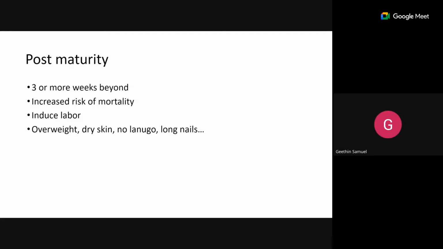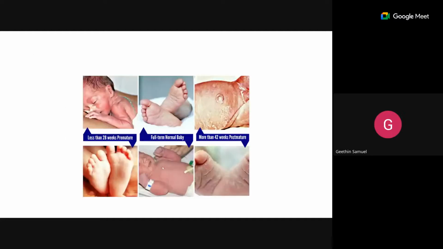There will be no lanugo, the hairs will grow. So there is need of induction of labor. But in the full term baby, you can see the smooth contour of the baby, and the grasp reflex is there.